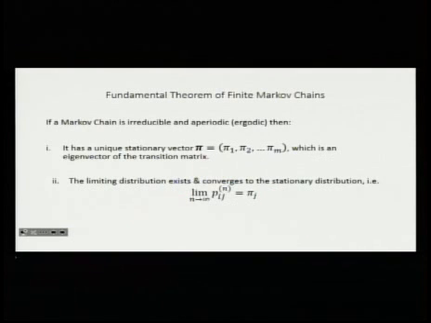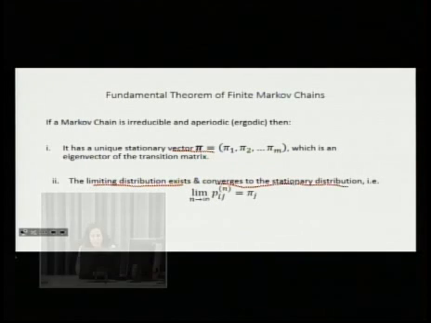We know that if our Markov chain is irreducible and aperiodic, that is to say it's ergodic, then we're going to have a unique stationary distribution pi. It turns out that this is an eigenvector for the transition matrix, which is kind of interesting. Also our limiting distribution will exist, and it converges to the stationary distribution.